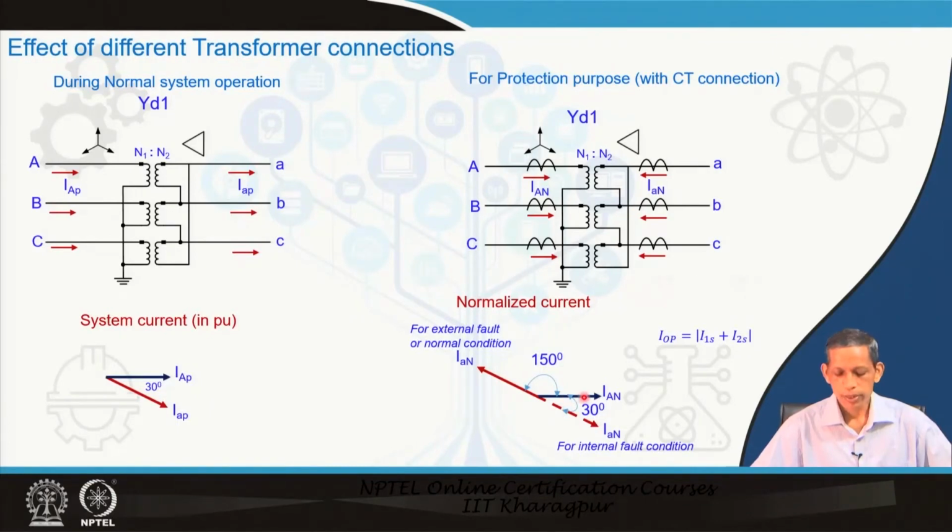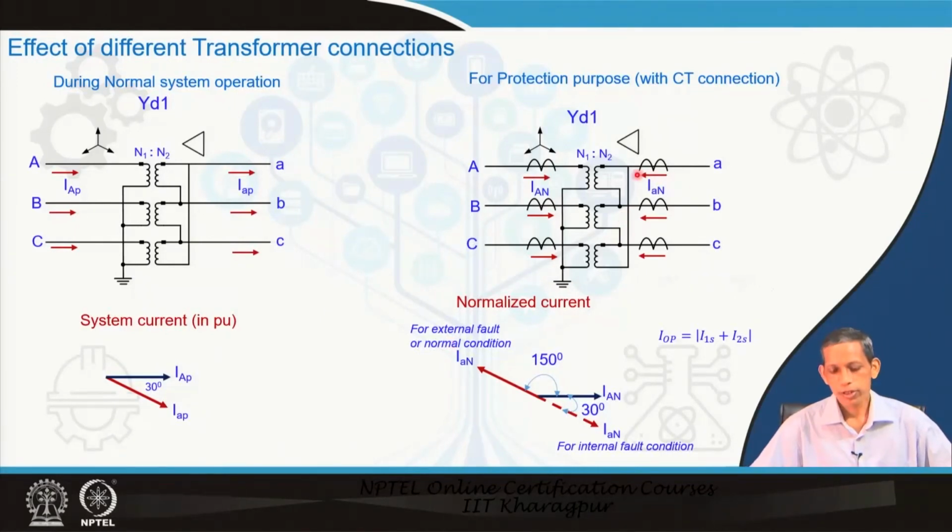So, the I A n side current will be reversed after the CT connection. This is about the CT secondary we are looking at. With respect to the high voltage side current, the low voltage current will be making an angle of 150 degree, and this is in the CT secondary side for normal or external fault condition.